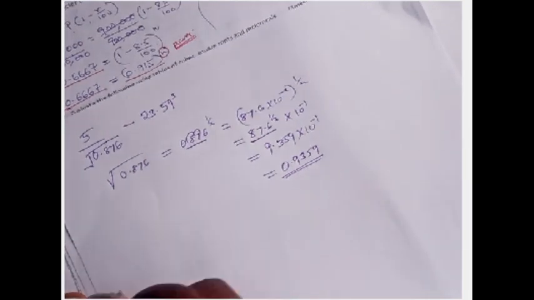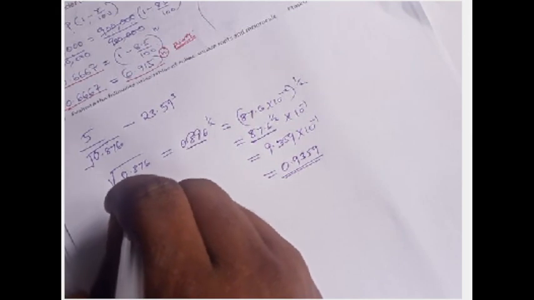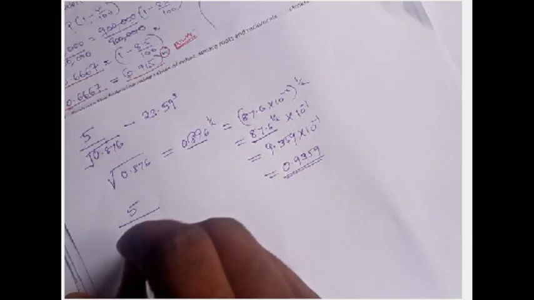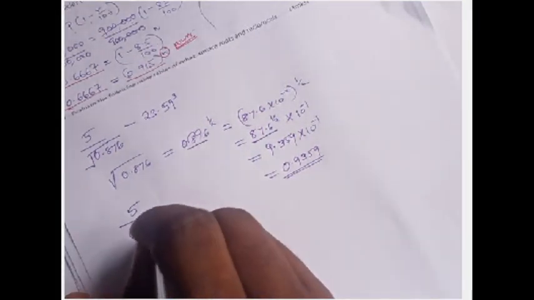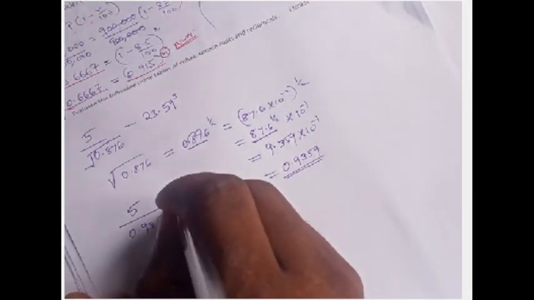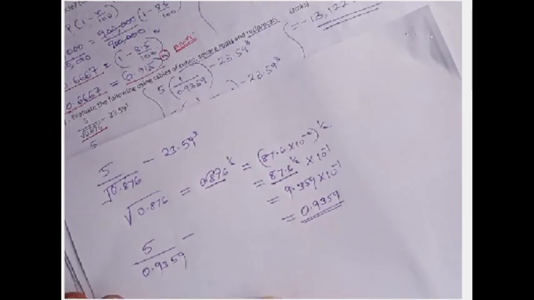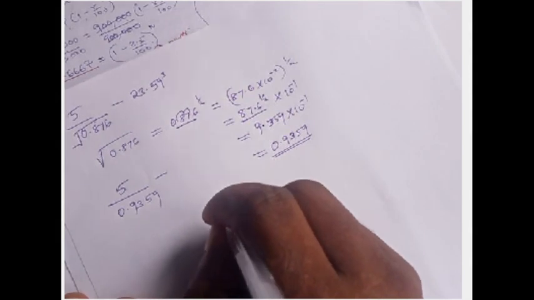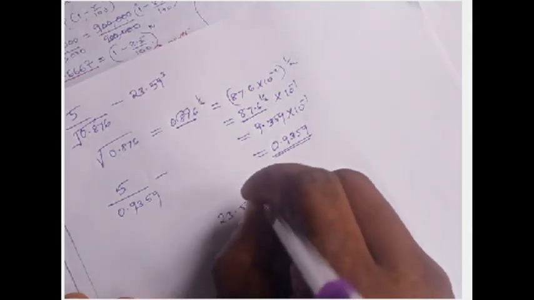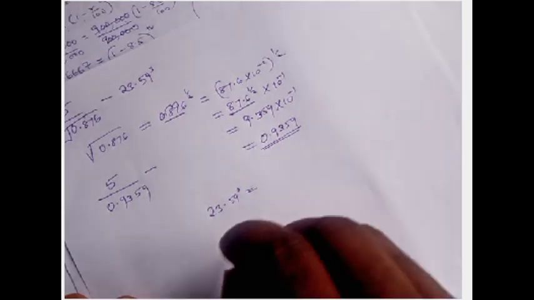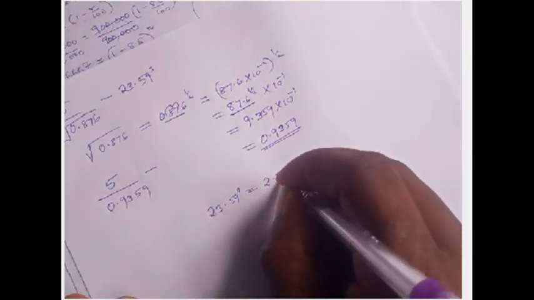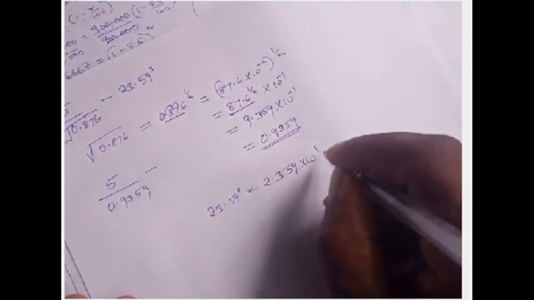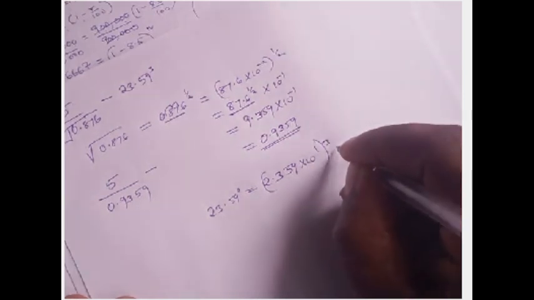So if we combine the value, the expression becomes 5 over 0.9359 minus the cube of 23.59. For this one we need to express the number in standard form: 2.359 times 10 to the power 1, and then we cube.